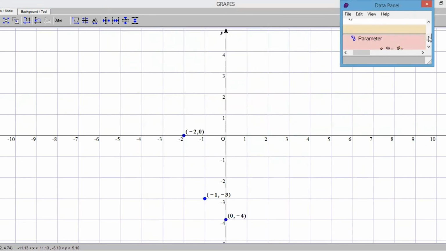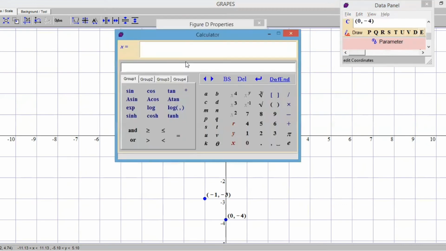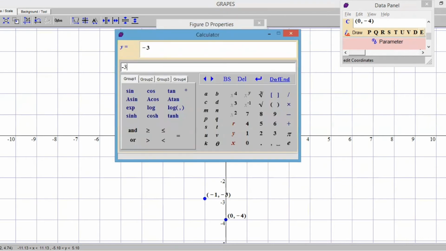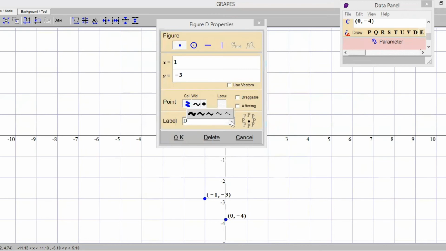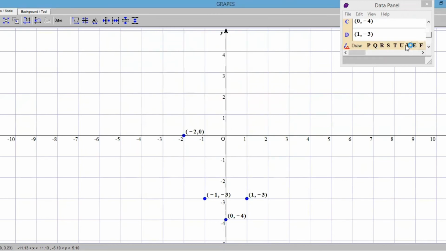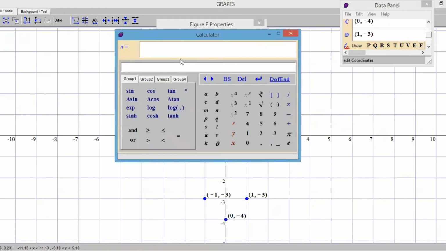Another point is the point D, wherein if x is positive 1, y is negative 3. This is our point D. And our last point, which is the point E, written in our table of values, is if x is positive 2, y is 0.